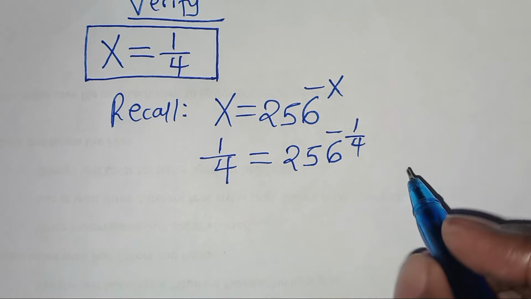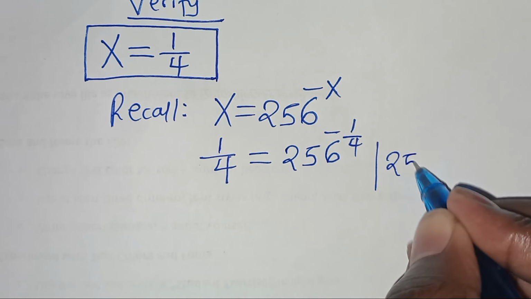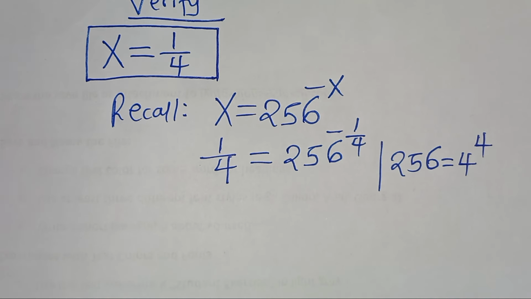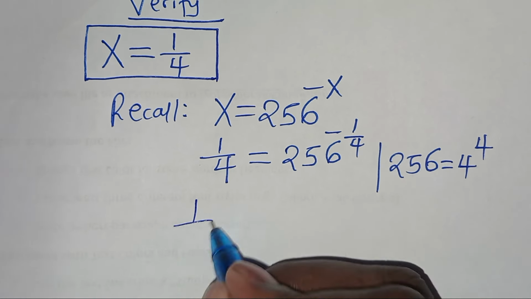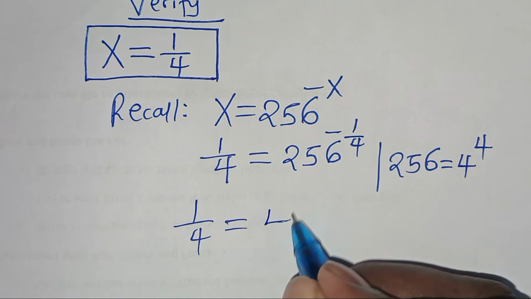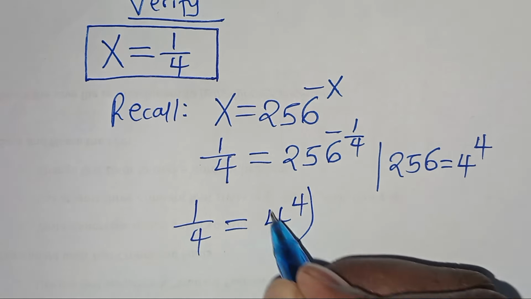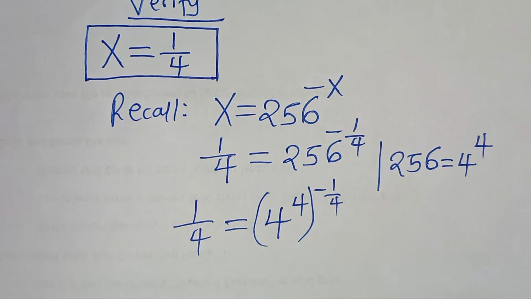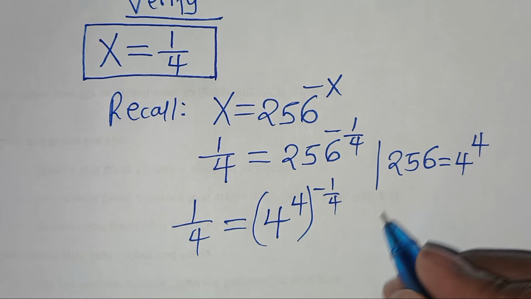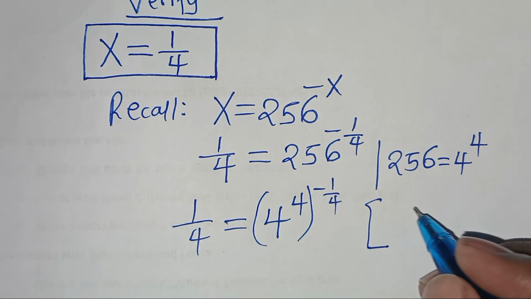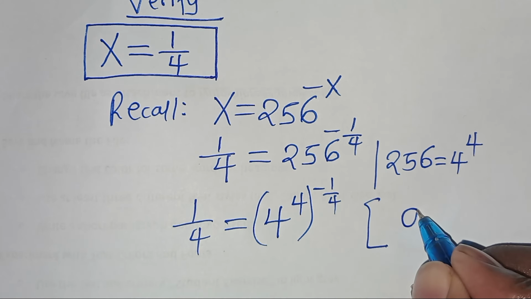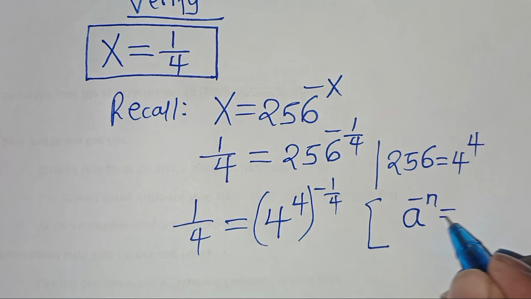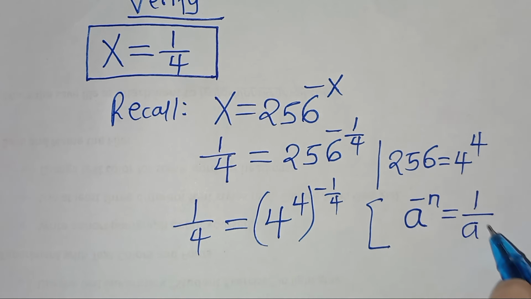The next step from here, we can express 256 as 4 to the power of 4. So therefore here we have 1 over 4 is equal to 4 raised to the power of 4, then raised to the power minus 1 over 4. The next step is that if we have a to the power of minus n, this can be expressed as 1 over a to the power of n.